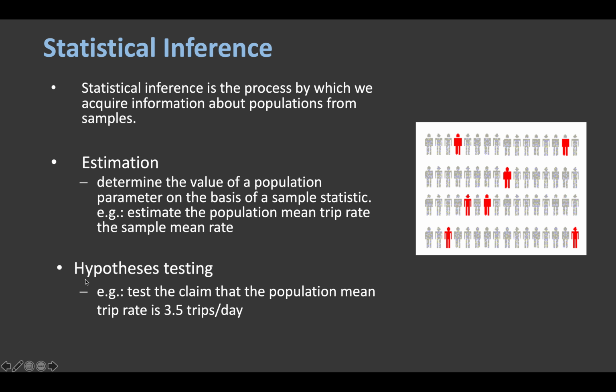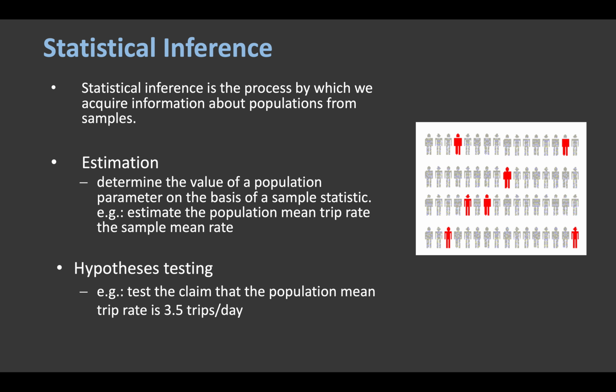There are two ways to do this. One is estimation. Basically, it is used to determine the value of a population parameter on the basis of a sample statistic. This can be estimating the population mean trip rate based on the sample mean trip rate.